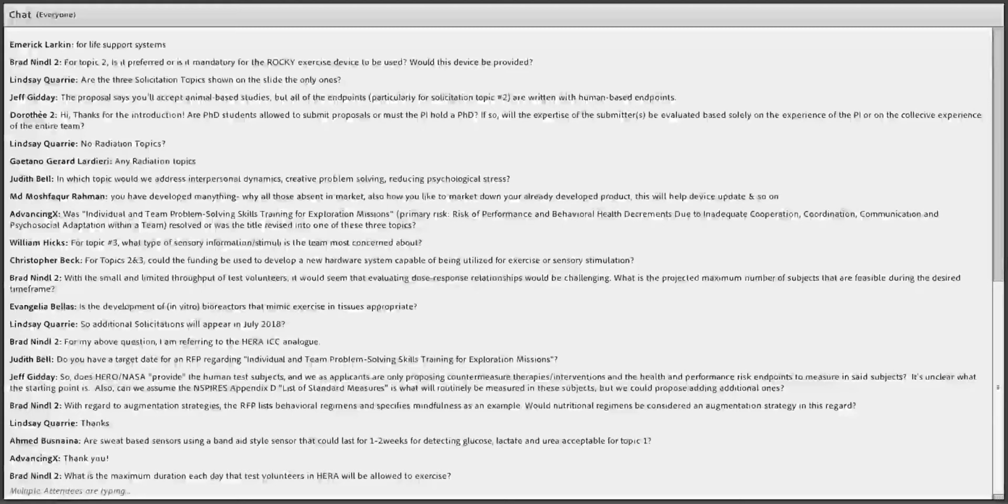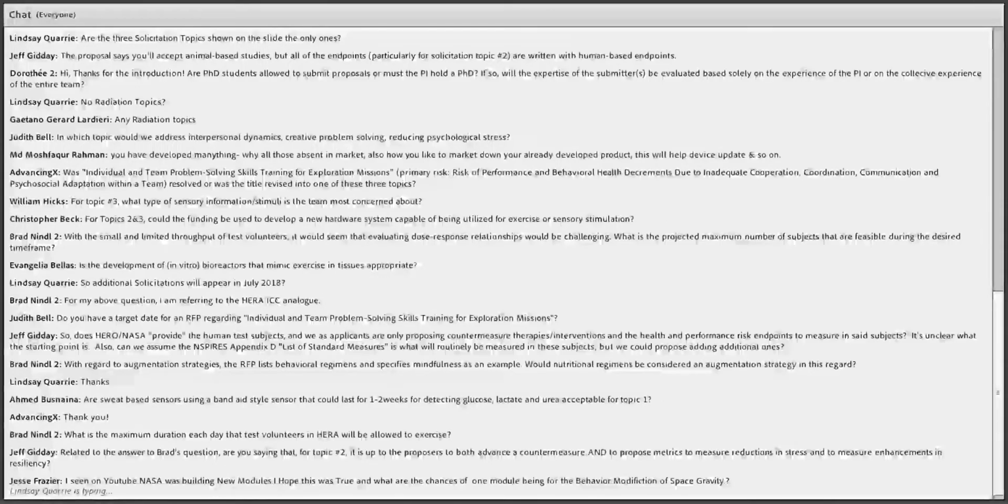Related to Brad's question, are you saying that for topic 2, it is up to the proposers to both advance a countermeasure and to propose metrics to measure reductions in stress and to measure enhancements in resiliency? In essence, yes. We're looking for a way to use exercise to enhance the resiliency and to reduce stress. So how do we leverage that behavioral component of an exercise regimen?